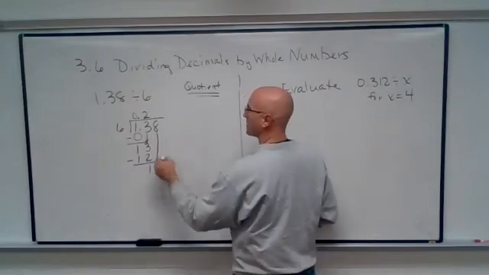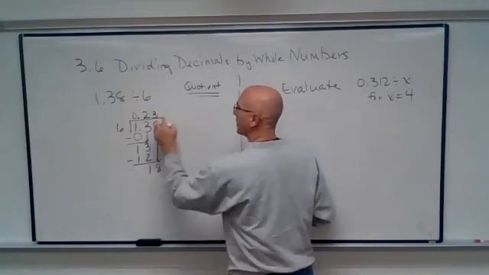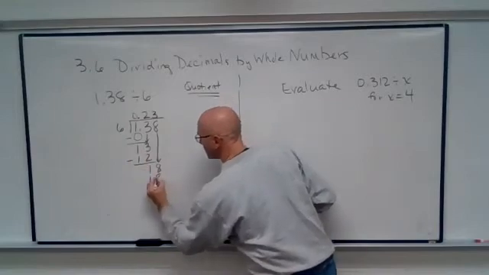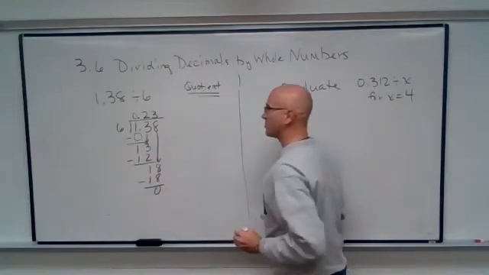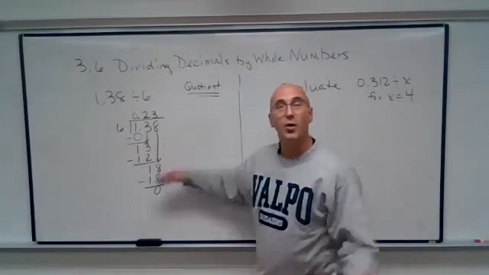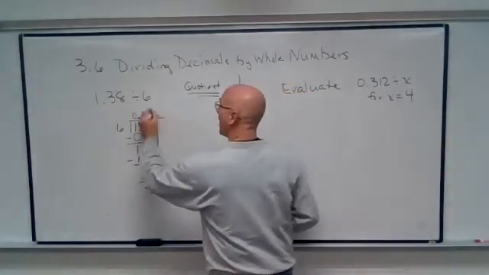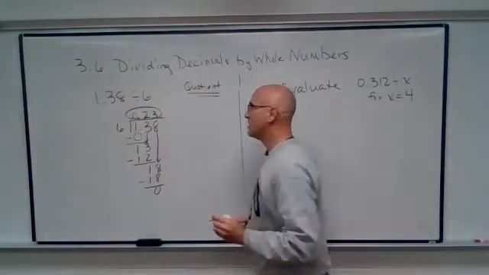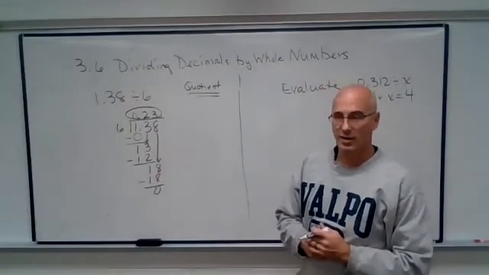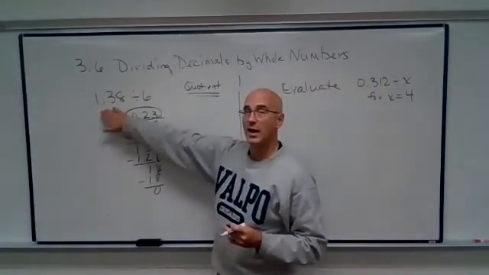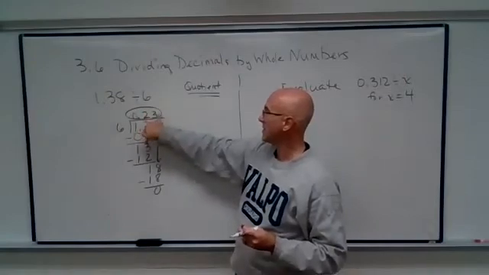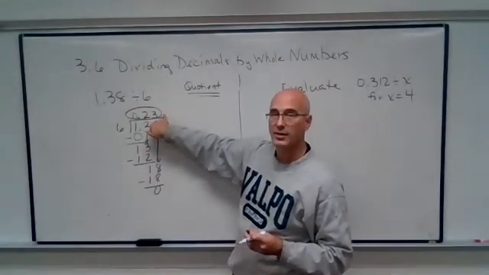What times 6 equals 18? And that's 3. 3 times 6 is 18, and we get 0 when we subtract. Once we get to 0, we are done, and our answer is 23/100. So 1 38/100 divided by 6 is 23/100.